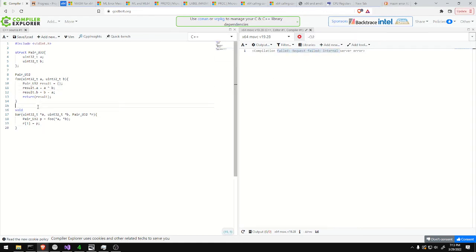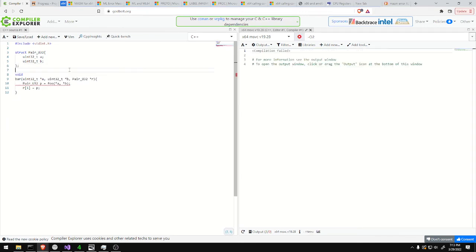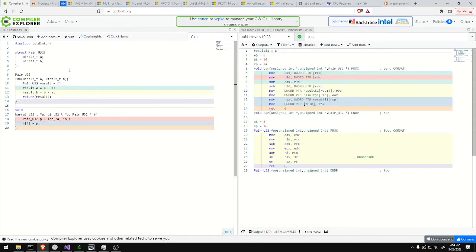What? Internal server error, what's going on? There we go. All right, it didn't inline it. Yeah, it did. There's no call here. How am I gonna get a chance to see?